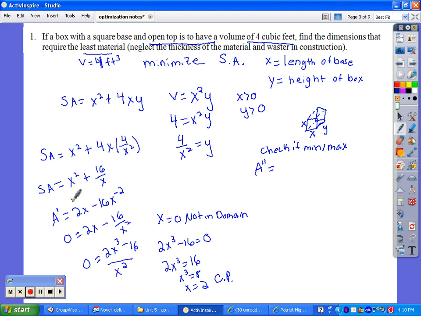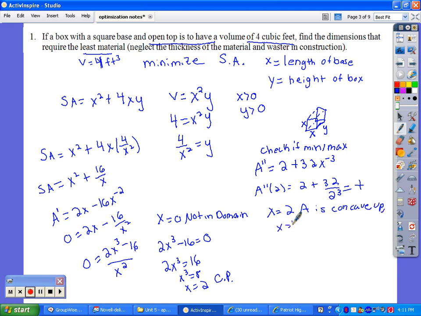Okay, so the second derivative is 2, and then again this is negative 16 times x to the negative second, so I'm going to have plus 32 x to the negative 3, and I'm going to find A double prime of 2, so I'm going to have 2 plus 32 divided by 2 cubed, and this is going to be positive, so that means at x equals 2, A is concave up, and x equals 2 is a minimum. You always have to check that.